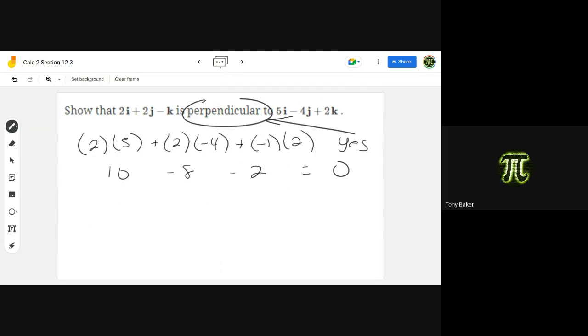Now remember that a vector is just from the origin to a point. So in essence, by doing this, we can take any 2 points in the 3-dimensional plane and find the angle between. Okay? That's what we can use this stuff for.